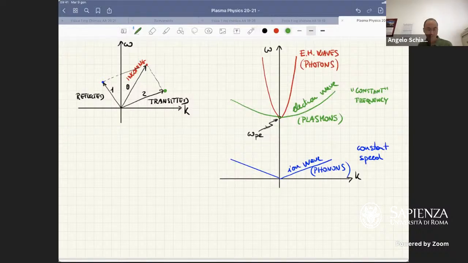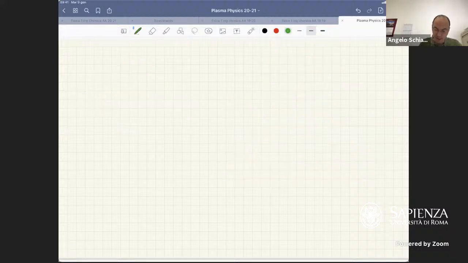Okay. So let's come to the first way of mixing these waves. We're going to see four of them, and I put a timer because I don't want to overshoot. So the first of the four processes we are going to explore, let's put it 1 out of 4, is called parametric decay.